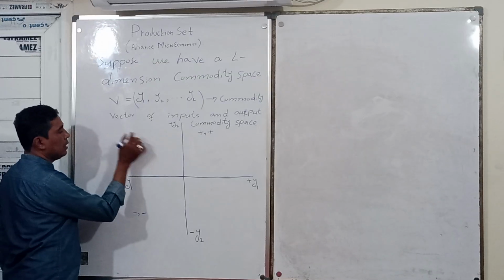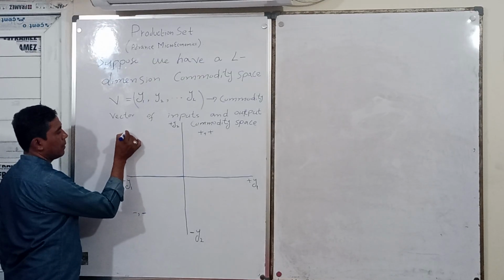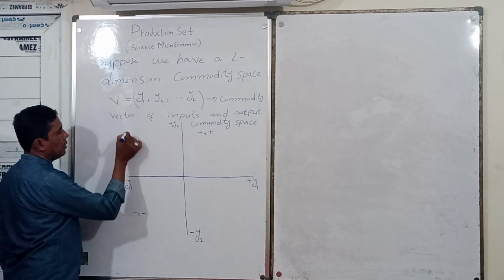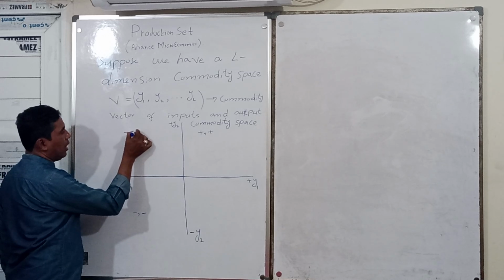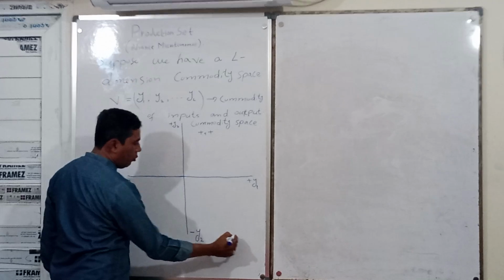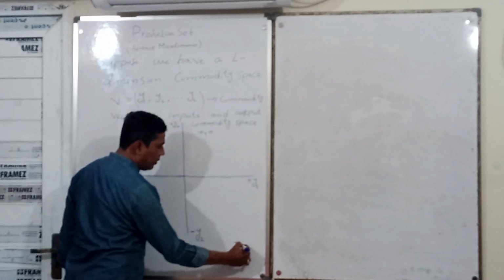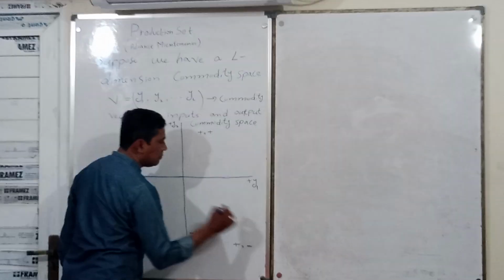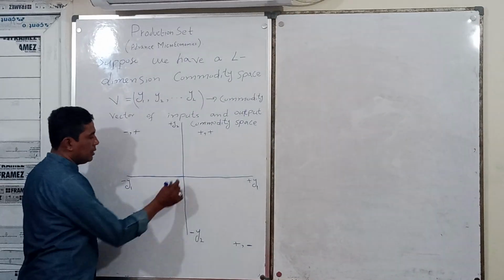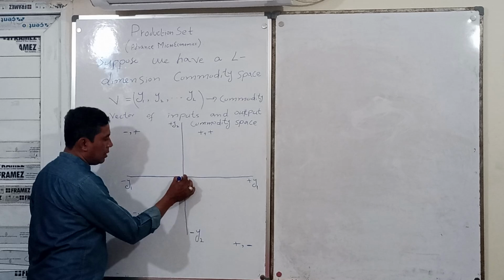And similarly in this quadrant x is negative and y is positive, and vice versa x is positive and y is negative. And this is our origin.